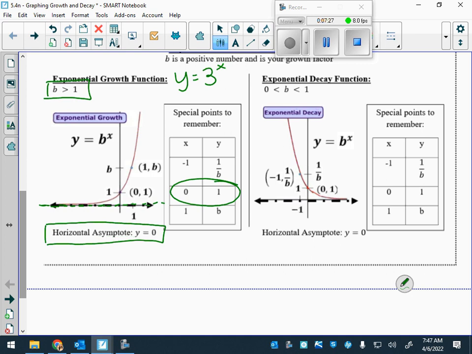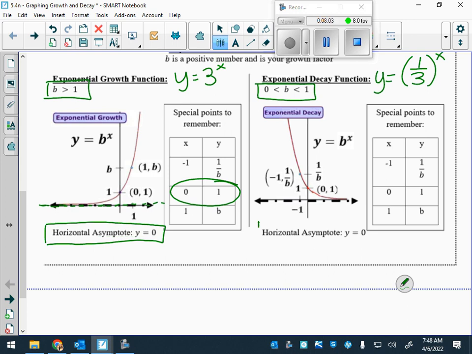Then if you look over to our exponential decay function, an example of a decay function is 1/3 to the x. So if your b value is between 0 and 1, meaning a fraction, 1/3, 1/2, 1/4, 2/3, you will have a decay function. And reading it left to right, you're decreasing.